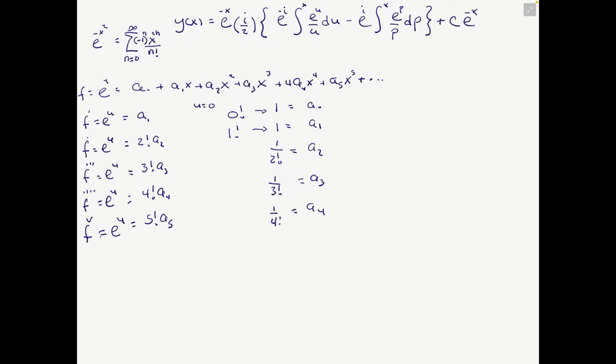And so we end up with a series: e to the x equals 1 on 0 factorial plus x on 1 factorial plus x squared on 2 factorial plus x to the third on 3 factorial, and so on.